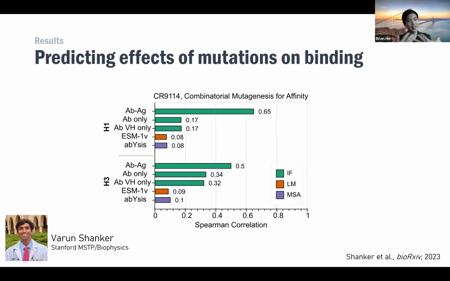We think the reason for this is that the model has information about the antibody and the actual antigen that it's binding to. So this is how we're able to add structural information both about the antibody and about the antigen of interest to this language model guided evolution.